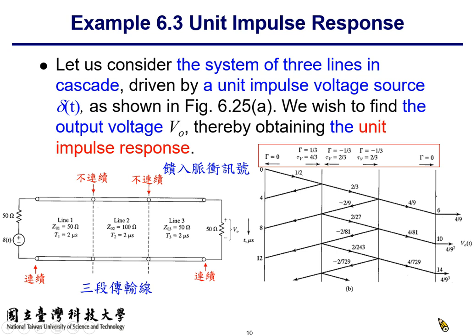If you have a unit impulse signal, this suggests the energy that you inject into the transmission line system is very limited. And that energy will be absorbed by the load resistor and generator resistor on the two sides. So very quickly, the energy that you injected into the transmission line system goes away, and there will be nothing left within the system.